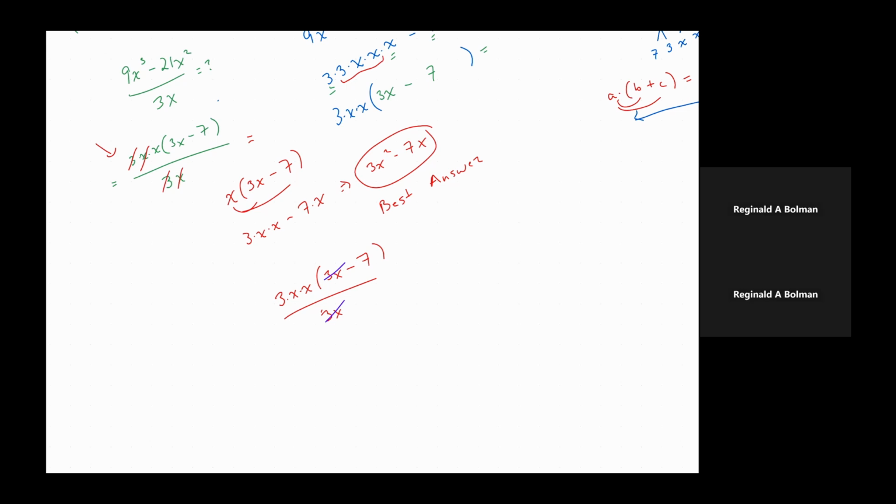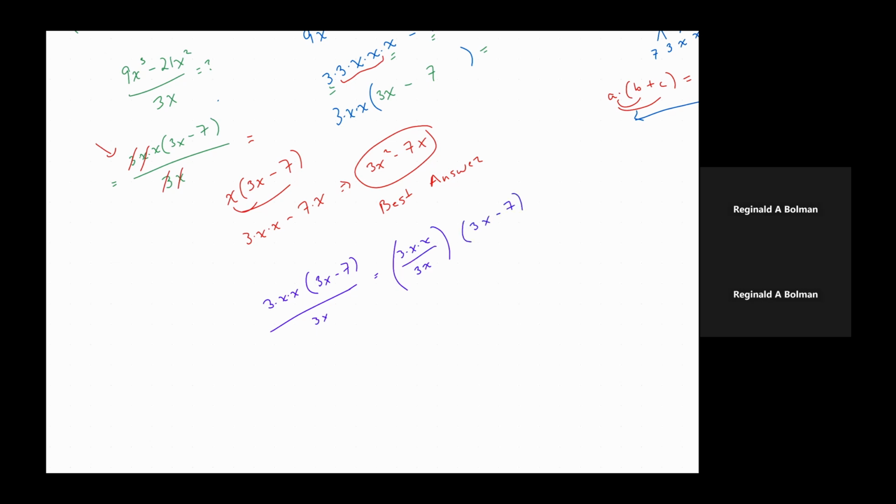And so basically, when you've got 3 times x times 3x minus 7 over 3x, what we need to remember is that by the rules of fractions, this is the same thing as 3 times x on top over 3x, and then you've got this 3x minus 7 parked out in front.